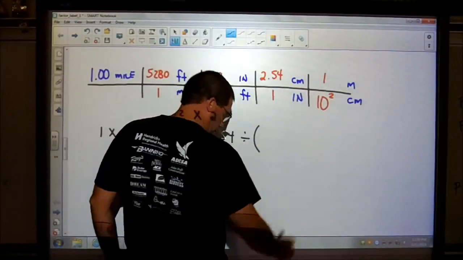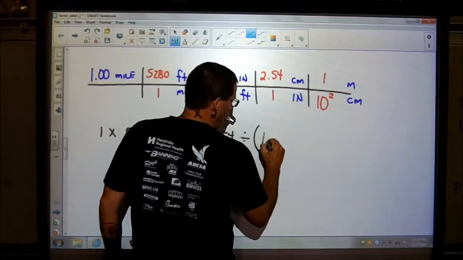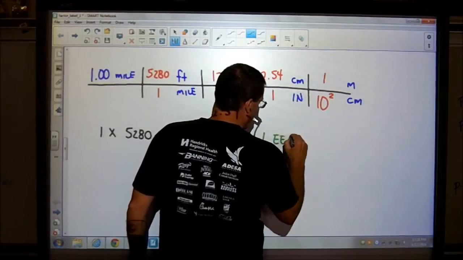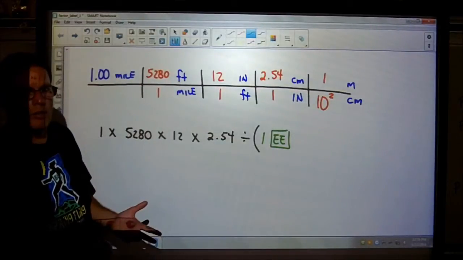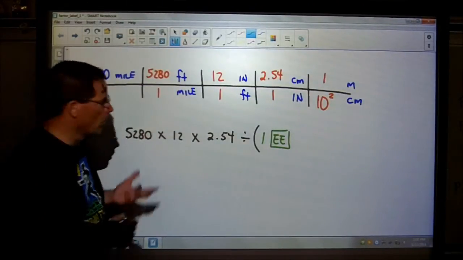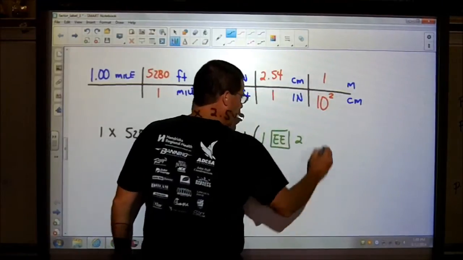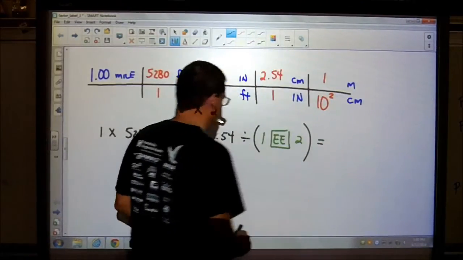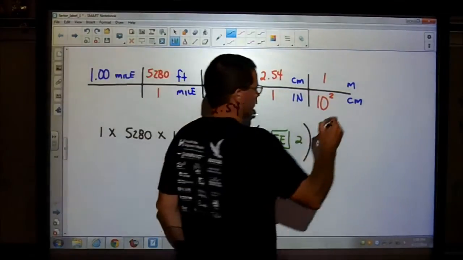And again, this represents 1 times 10 to the 2, so 1 EE, or the EXP button, or times 10 to the whatever, so 2, close that up, equal. Okay. So that's how you would type all that in.